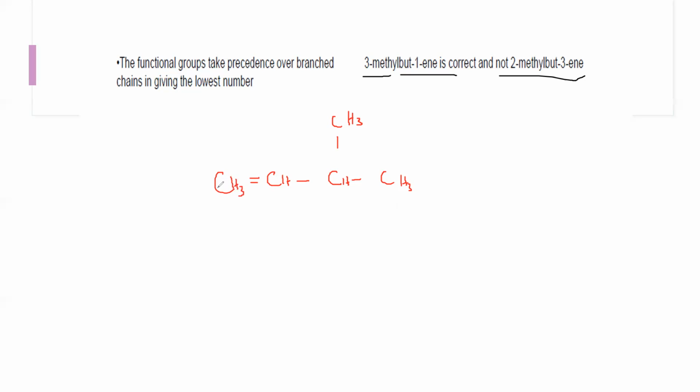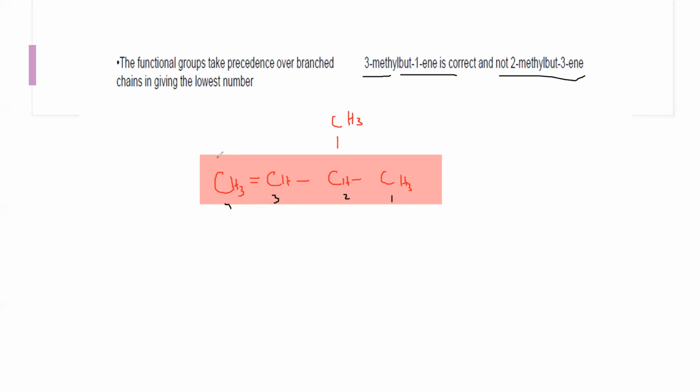Now, first, from one end to another, we select the longest carbon chain. So this is our longest carbon chain. Then numbering should start from the nearest end. Now, if I number from here 1, 2, 3, 4, the branch is coming at 2 and the functional group at 3.